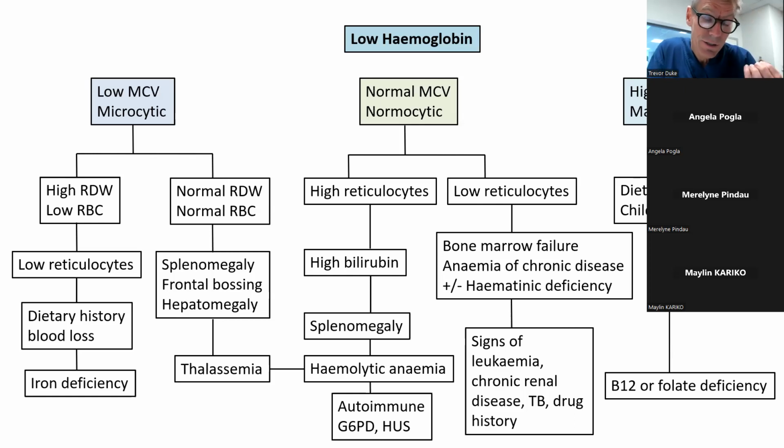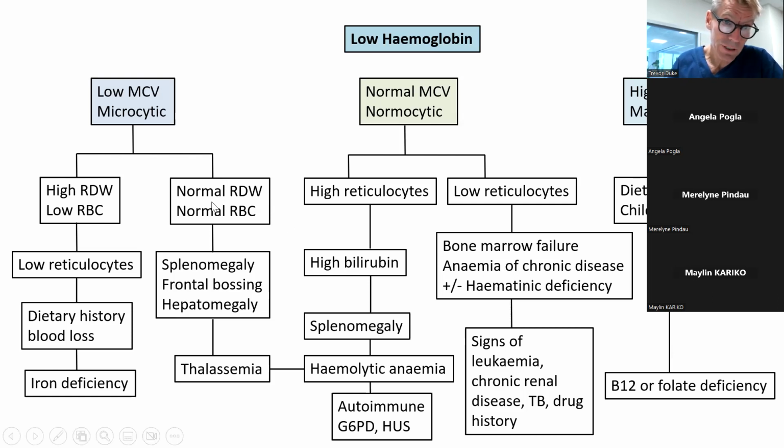Also, because you've got iron deficiency, your bone marrow is not making enough red blood cells. Not only not enough hemoglobin, but also not enough red blood cells. So the red cell count, the RBC, will be quite low. The red cell distribution width will be high and the RBC will actually be low. Now that's typical of iron deficiency.